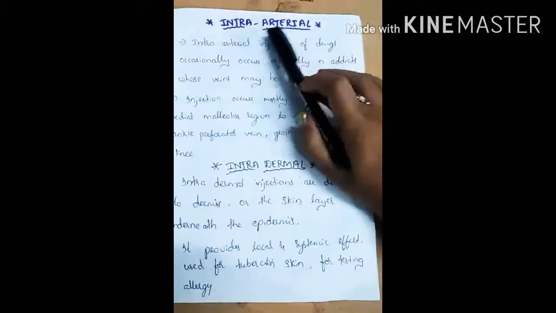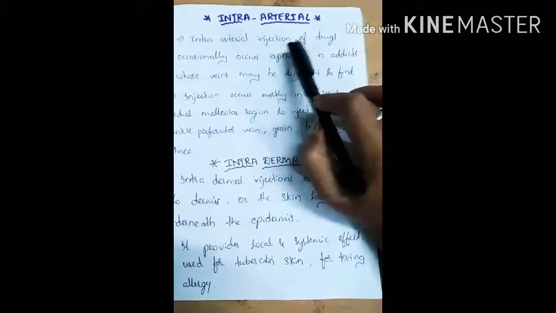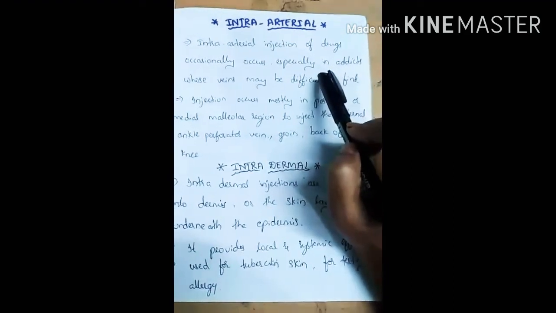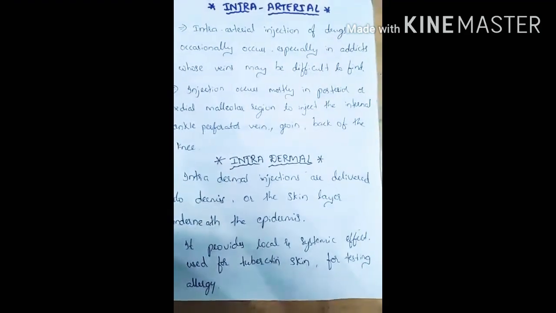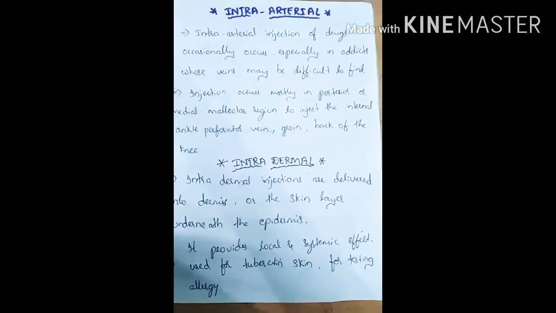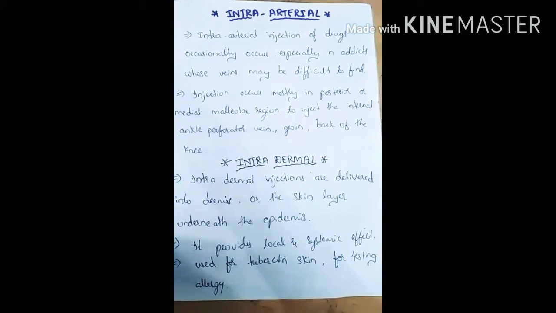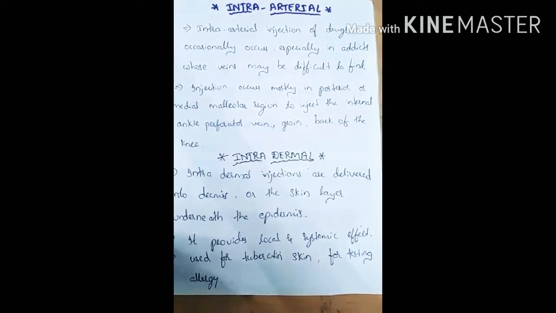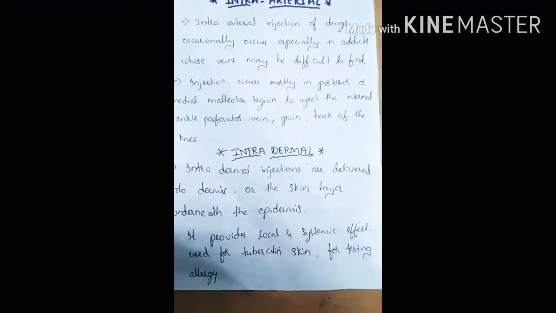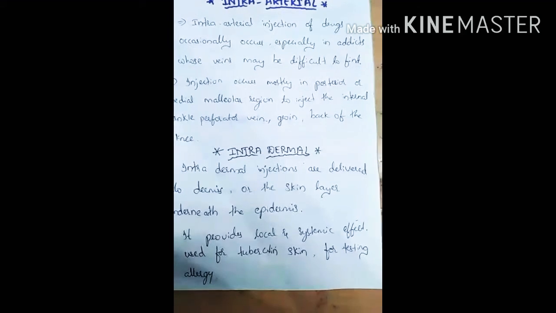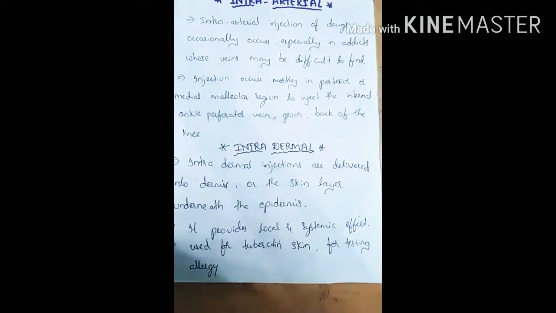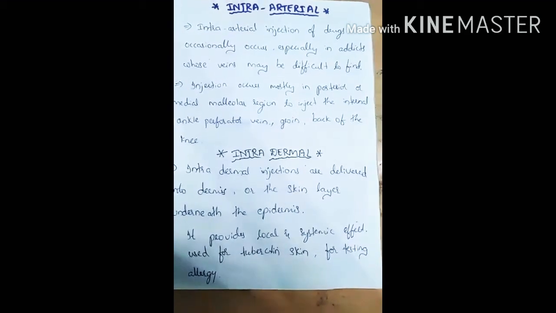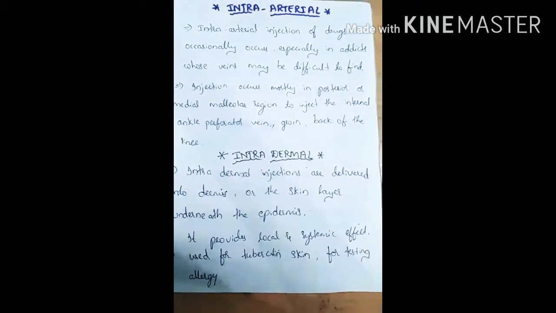Next, intraarterial. Intraarterial injection of drugs occasionally occurs, especially in addicts whose veins may be difficult to find. When the person is addicted to sedative drugs, the injection may be mostly in the posterior or medial malleolar region, to inject the internal ankle perforator vein, or the groin.